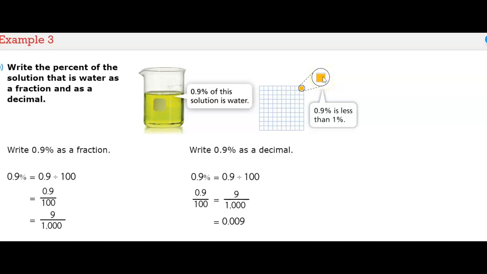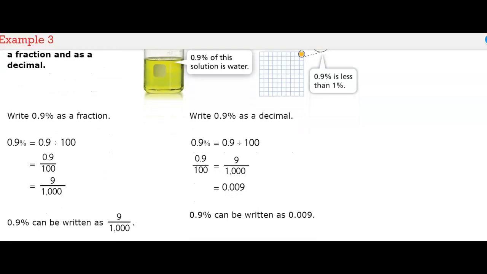So it asks us to write it as a fraction and a decimal. So we have the 9/10 here that we need to divide by 100, because if you write it as a fraction, it'd be 9/10 over 100, but then you have to divide that to get that decimal out. So once you divide it, you will get 9/1000ths.